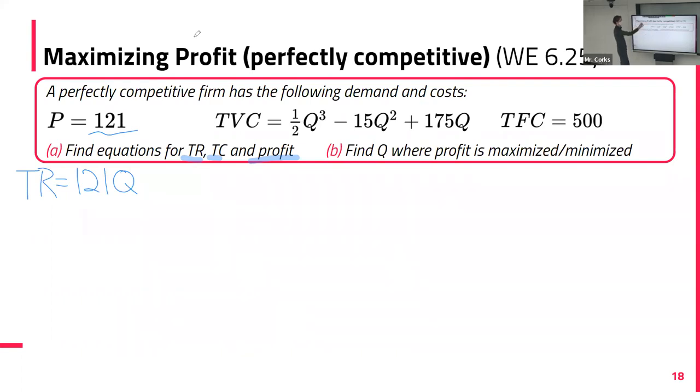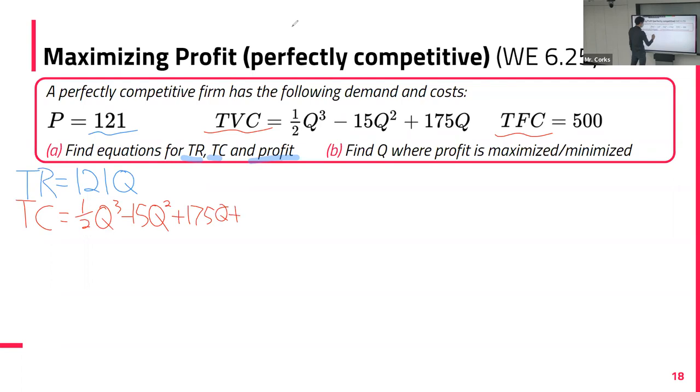If we have this simple demand function here, our total cost, as we heard, is just variable cost plus fixed cost, just add them together. So 1/2 Q cubed minus 15Q squared plus 175Q plus 500.